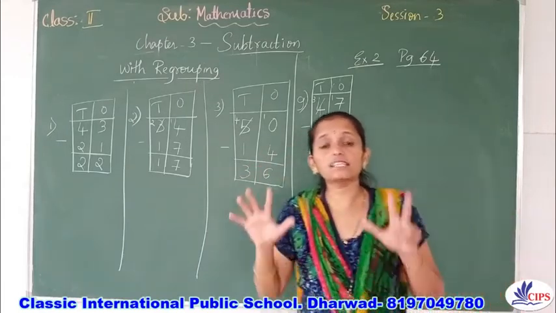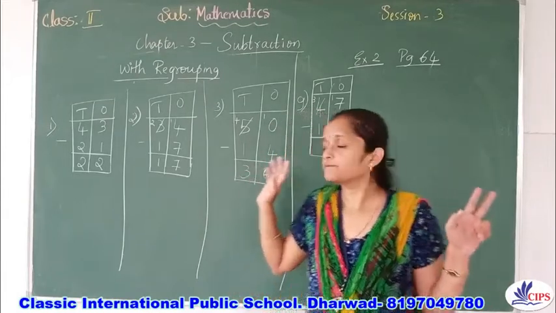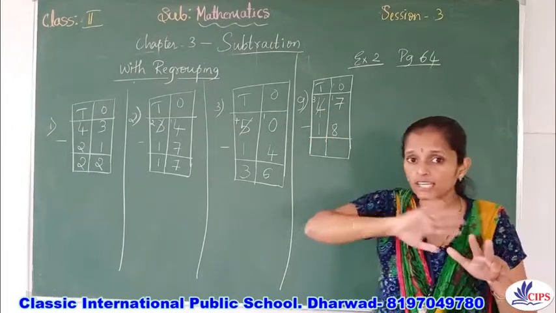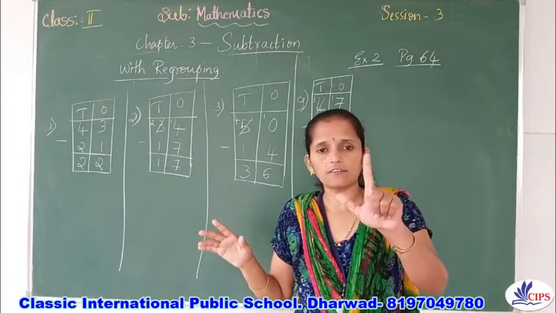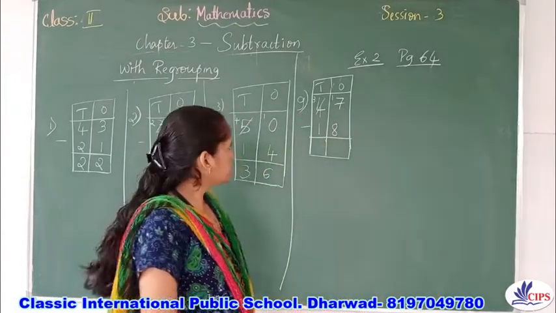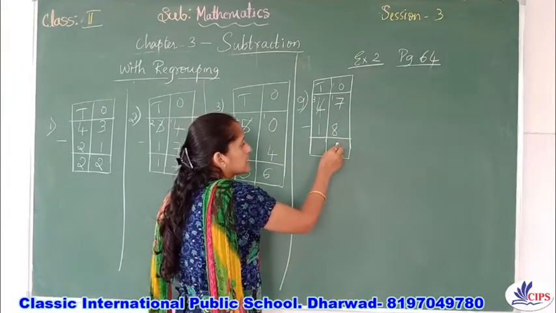This is only in subtraction with regrouping, means backward counting. 17 is there, don't take 17. 16, 15, 14, 13, 12, 11, 10, 9. So 17 minus 8 is 9.